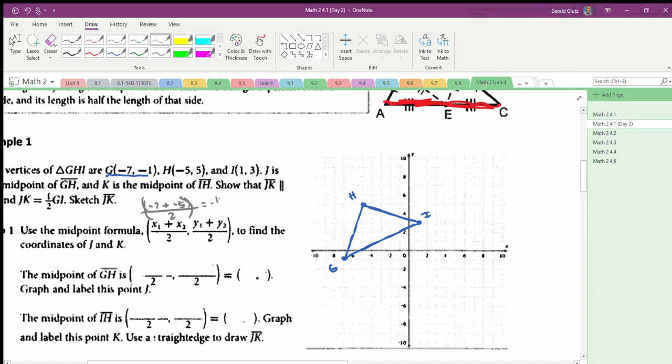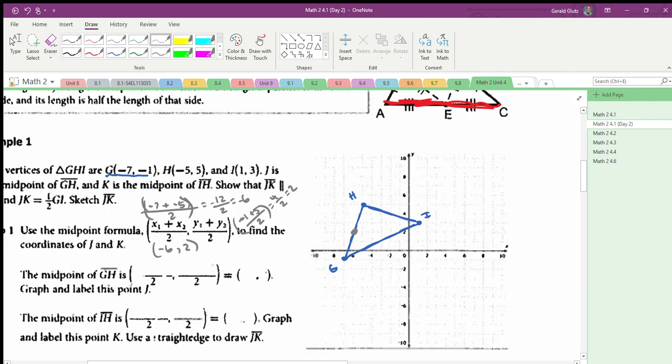So that'd be -12 divided by 2 is -6. So our x value would be -6. And then the y's are -1 and 5. So -1 plus 5 divided by 2 would be 4 divided by 2, or 2. So our midpoint is -6, 2, which is right here. So that's one method to find the midpoint.